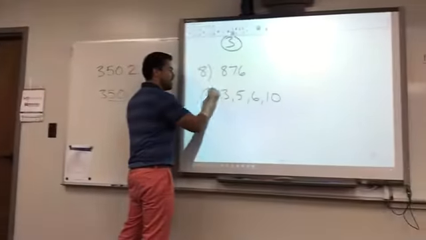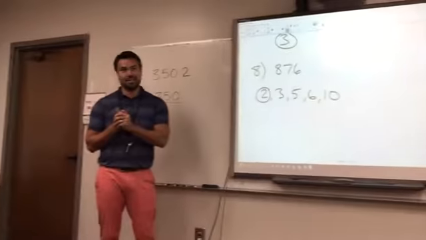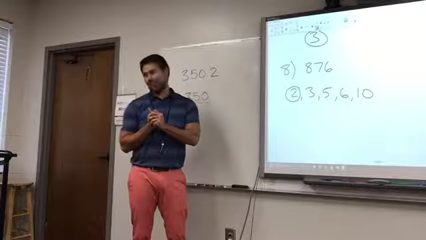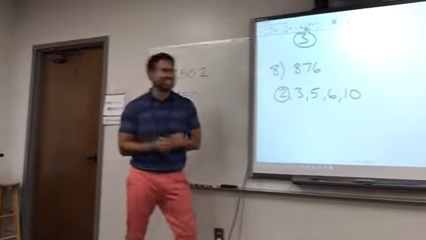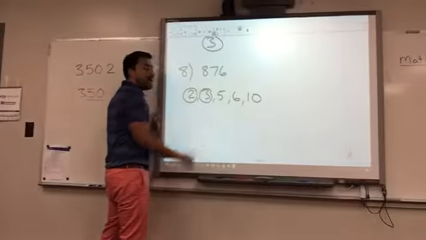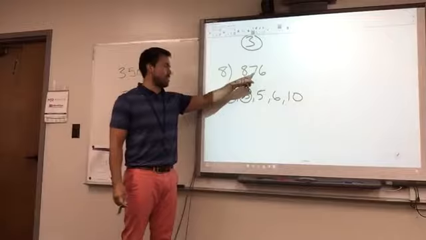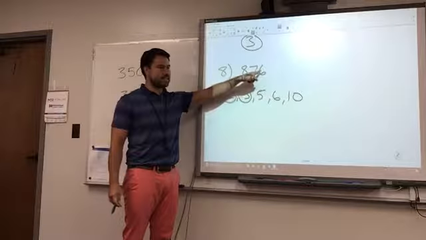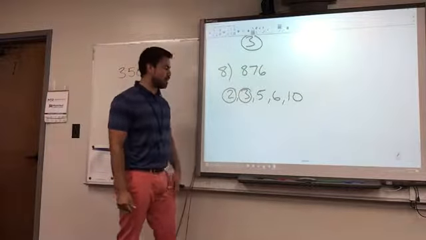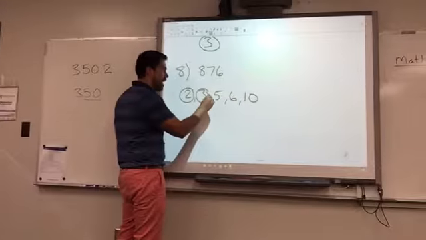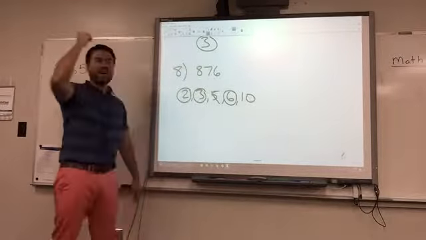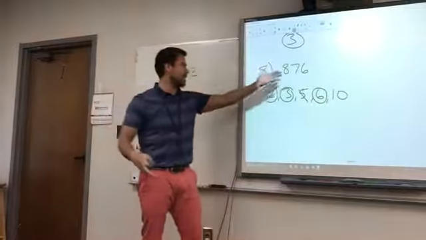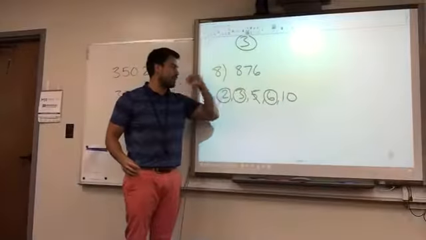By 3? Yes. Now, I'm wondering about that. What's 8 plus 7? 15. Plus 6? 21. 21 is divisible by 3, so the whole number is divisible by 3. By 5? No. By 6? Yes. Oh, yay. 6 finally gets some love here. 876 is divisible by 6. And 10?